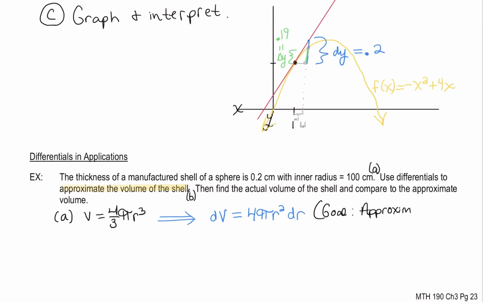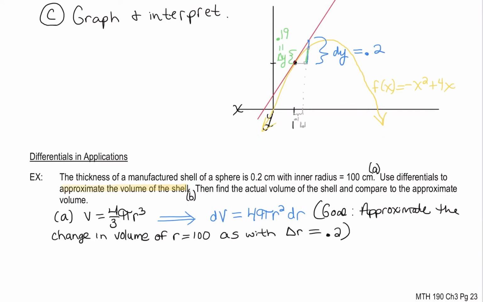add some specificity here. Let's approximate the change in the volume of the sphere of radius 100, with the change in r being 2/10.